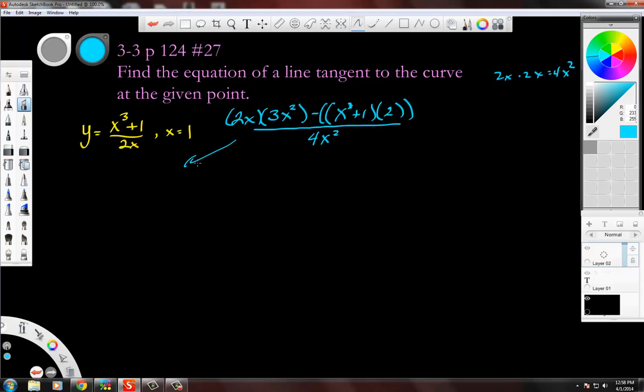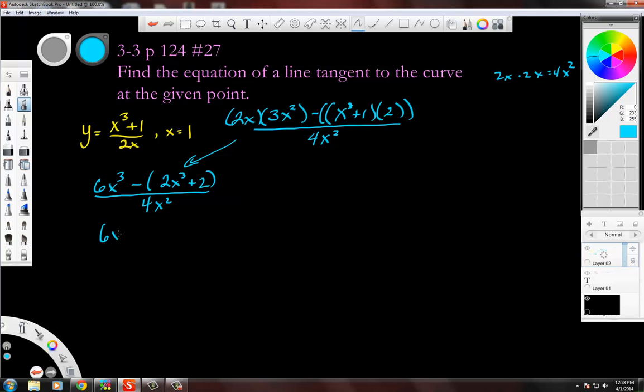All right, so I'm going to come over here with that. So that's going to be 6x cubed minus parenthesis. I'm going to figure out what's in there first. So it's going to be 2x to the third plus 2 over 4x squared. And then I need to distribute this negative sign through that.